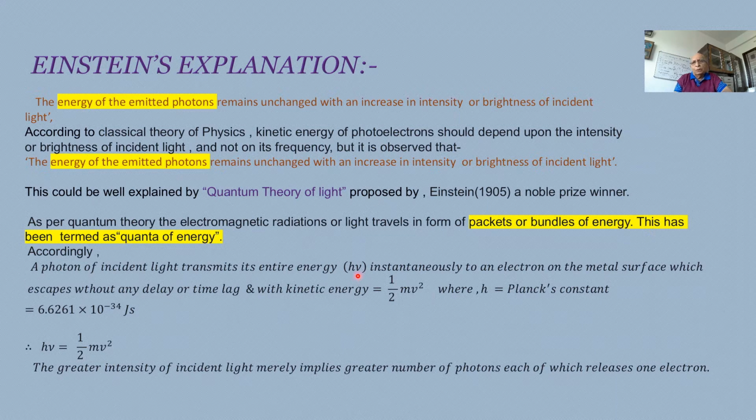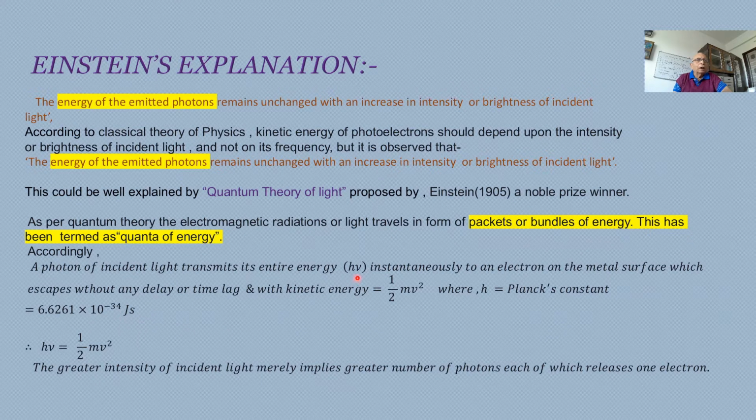Nu is the frequency of the light, and h, of course, is a constant which was given by Planck himself and is known as Planck's constant. And the value of Planck's constant is 6.6261 times 10 to the power minus 34 joule second.